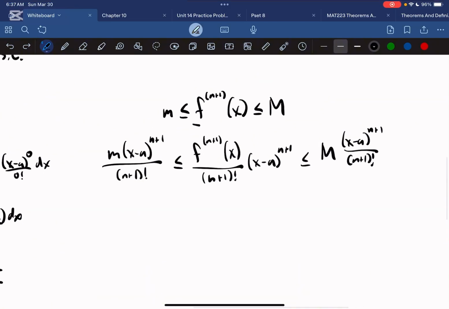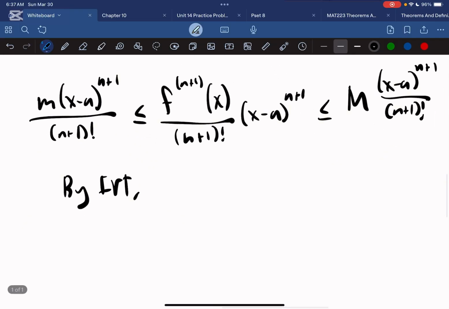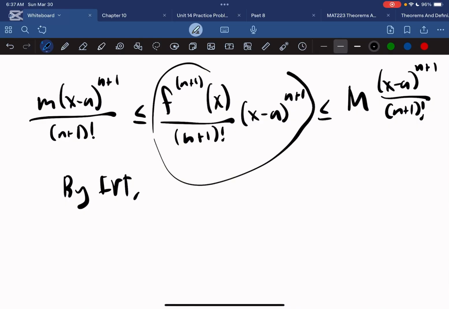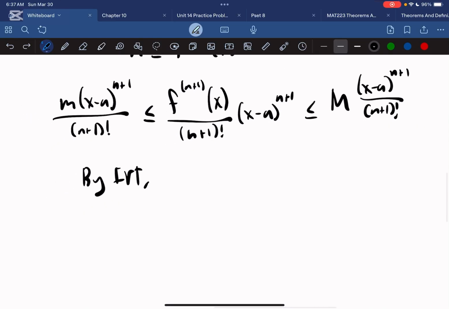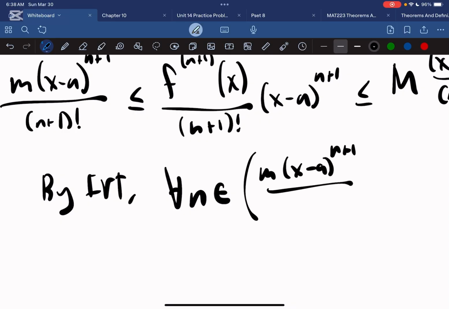So since this is continuous, then by IVT, for any value in between here and here, we can find a value c such that this is equal to that. In other words, for every, let's say, n between these two values, this is just IVT.